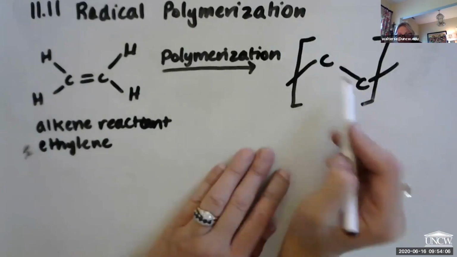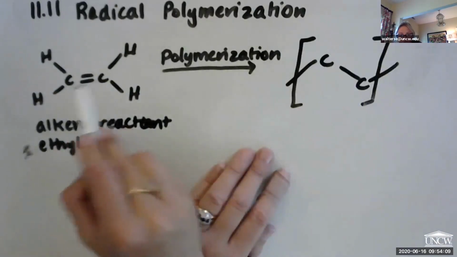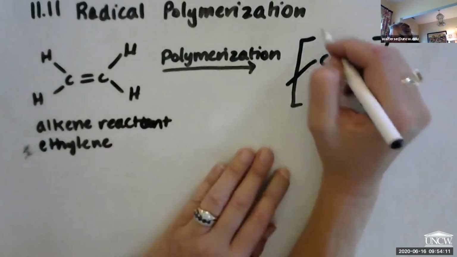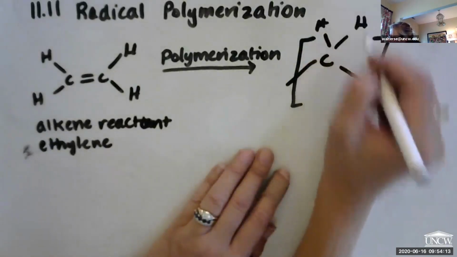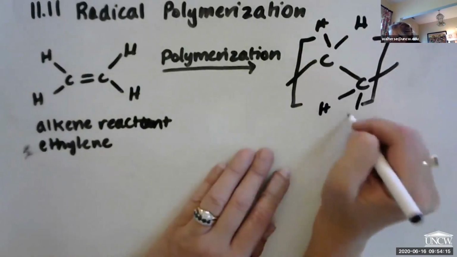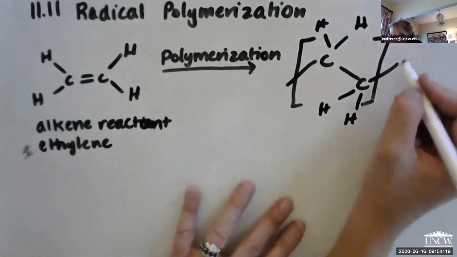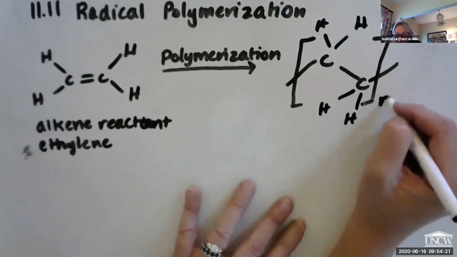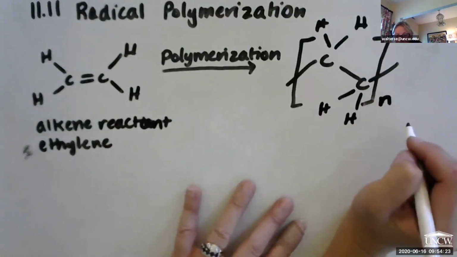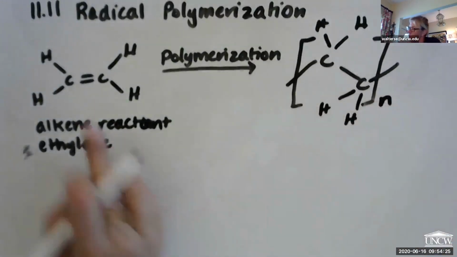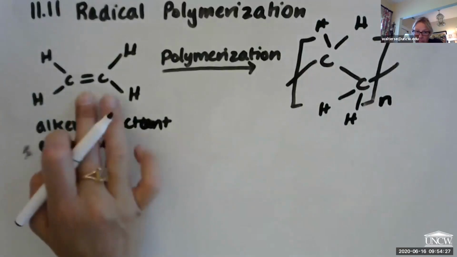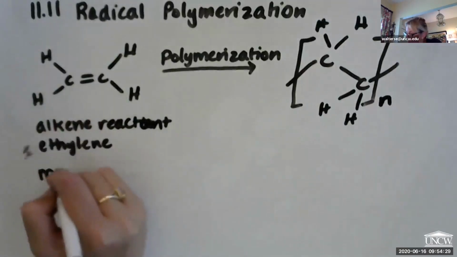These two carbons are these two carbons, and they end up as sp3 carbons. Then outside the square brackets, you see a little number n. This part of it, the reactant, is called the monomer.